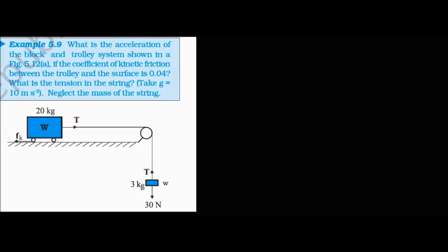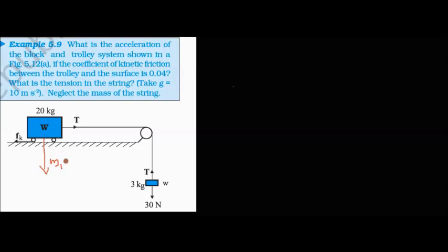Now let's move on to the solution. The first step is to draw the free body diagram of the system, and here we have two objects, so we have to draw the free body diagram for the two objects. First take the case of this trolley system. Initially we will draw all the forces acting on the object in this rough diagram. The first force is the weight of the object, which is acting along the downward direction.